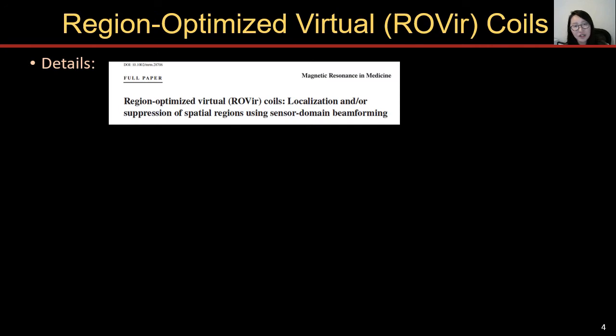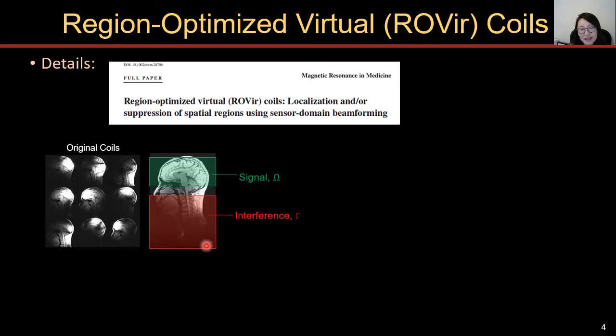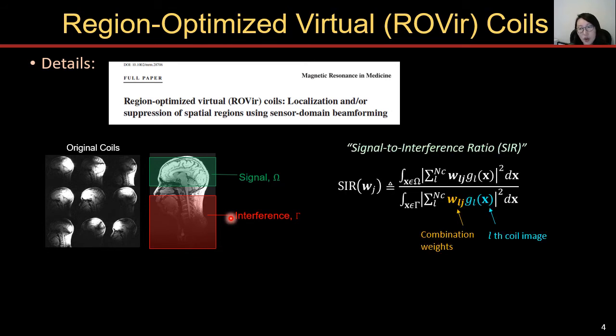This leads us to our proposed approach that we call ROVir, short for region-optimized virtual coils. I will not go through all the details in this presentation, but all the details can be found in our recently published ISMRM paper. At a high level, the basic idea is that we have some calibration data with a signal ROI and an interference ROI, and we are trying to create virtual coils as linear combinations of the original coils that maximize the signal to interference ratio.